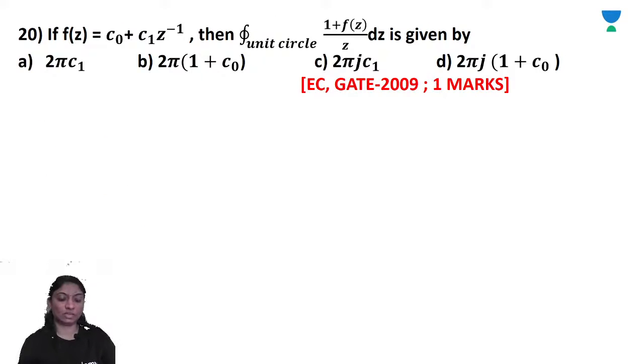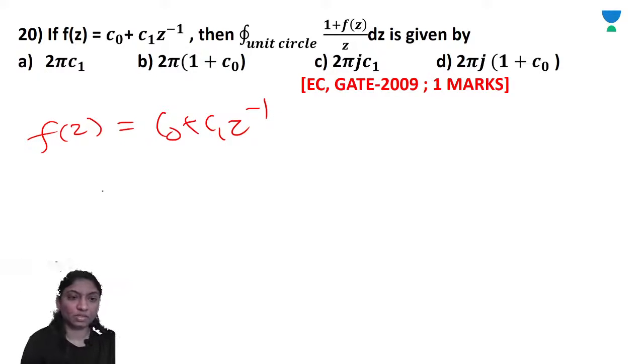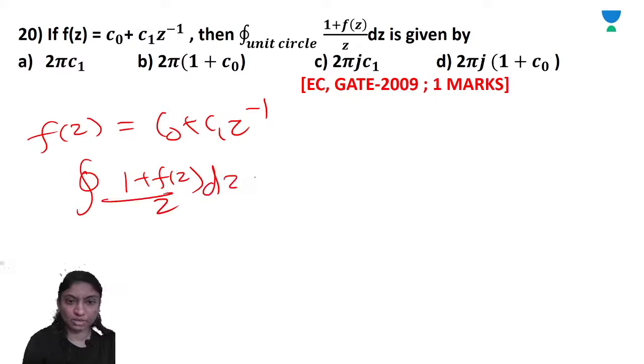If f of z is equal to C0 plus C1 z inverse, then the closed integral over the unit circle of (1 plus f of z) upon z dz is given by, right? So f of z is equal to C0 plus C1 z inverse, and the closed integral of (1 plus f of z) upon z dz, you have to find out.